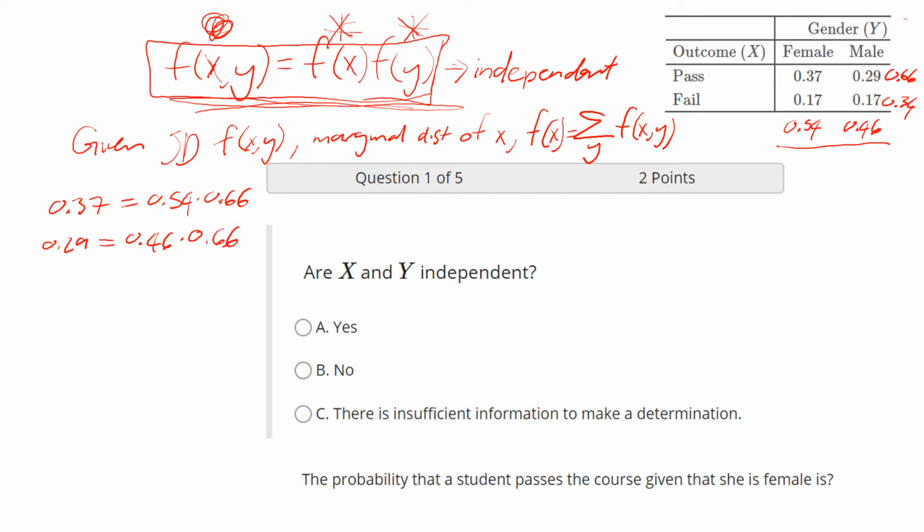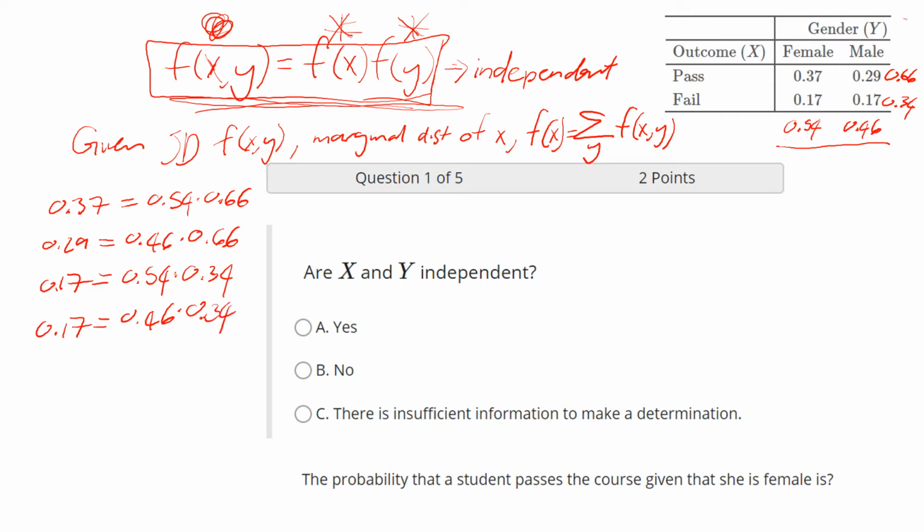0.66. We are also asking whether it is the case that 0.17 equals the product of 0.54 and 0.34. And lastly, we are asking whether it is the case that 0.17 equals the product of 0.46 and 0.34.